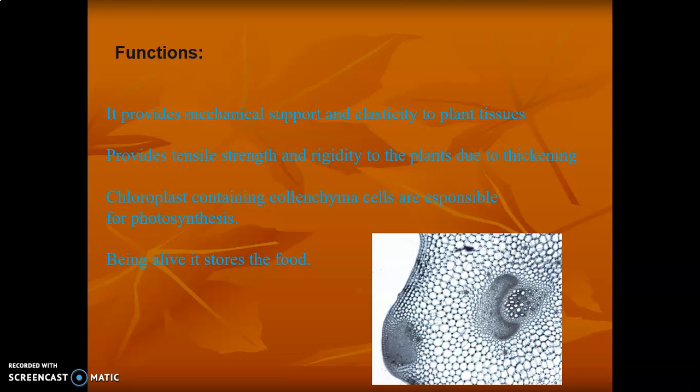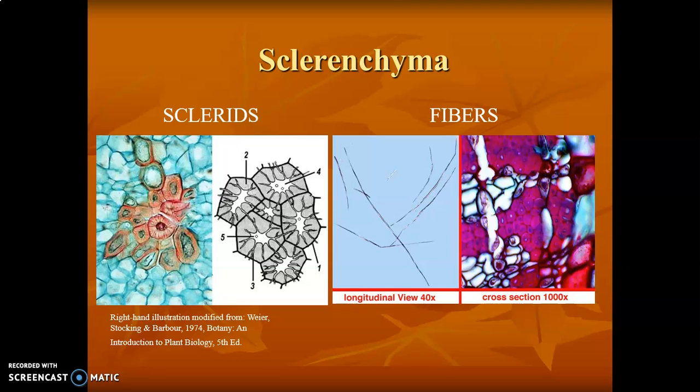After a certain time, when the growth of the plant is restricted or inhibited, collenchyma tissues die. So after a certain time, the maximum number of cells of collenchyma tissue are dead.